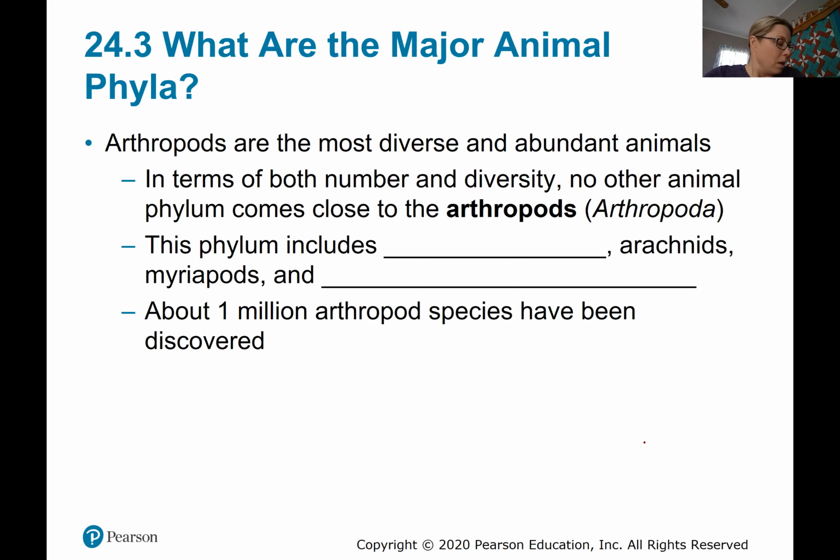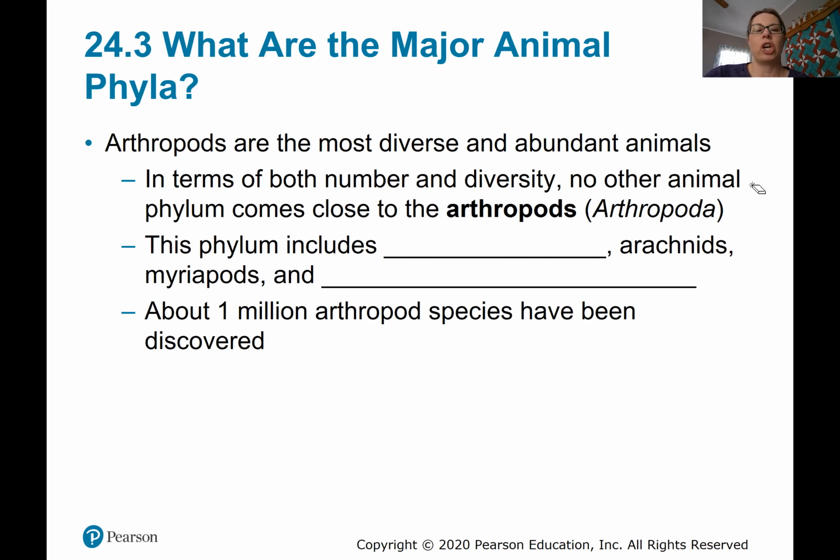Okay. The next phylum is phylum Arthropoda. I guess I'll just make this all on one lecture video. I was going to split it up to two, but we'll just do it all in one and then we'll be done with it. Remember, as we're going through these, the ones that are in parentheses and in italics is going to be the phylum name.